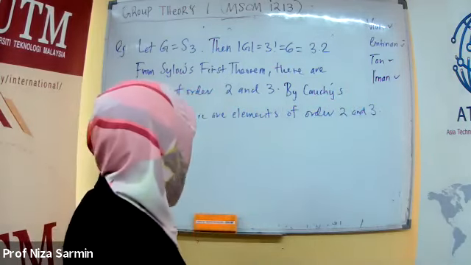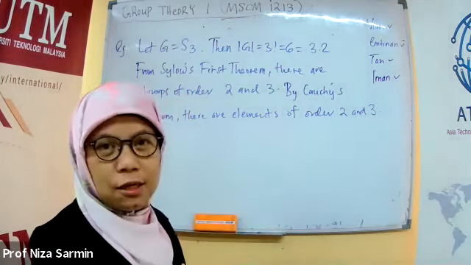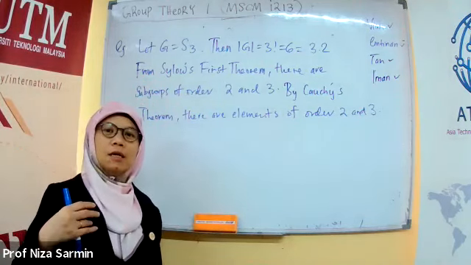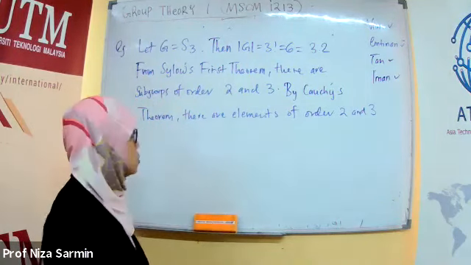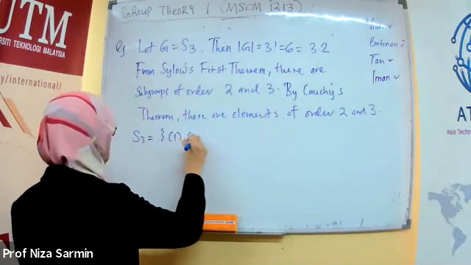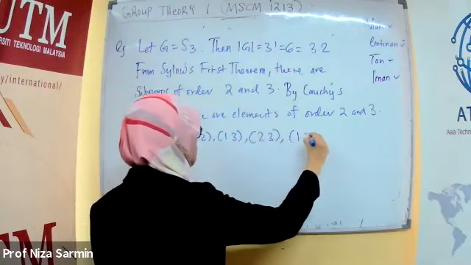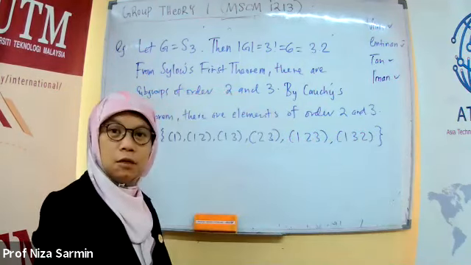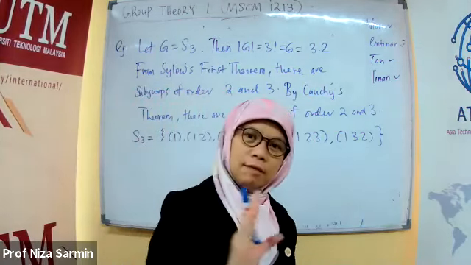Okay. Now, because we can write out the elements of S3, we can actually determine the Sylow subgroups. So S3 is identity, (1 2), (1 3), (2 3), (1 2 3), (1 3 2). And you remember the subgroup lattice?